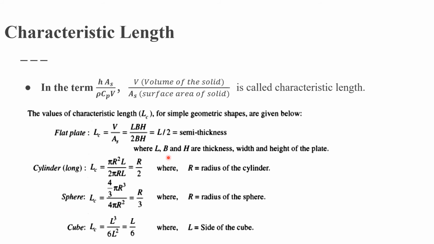For example, for a flat plate it is given by L by 2, so half of the thickness. For a cylinder, if you substitute volume and area, you will get r by 2. For a sphere, you will get r by 3. You should remember these values while solving problems, so we have to consider the value of the characteristic length. Similarly, for a cube, it is L by 6.